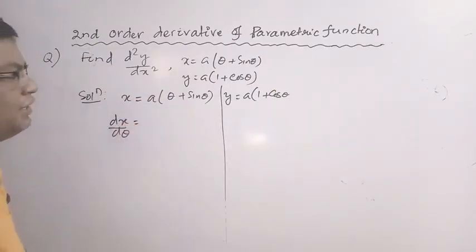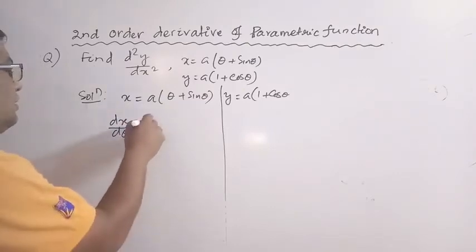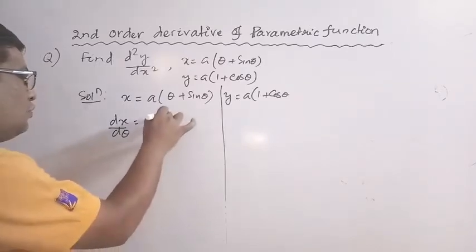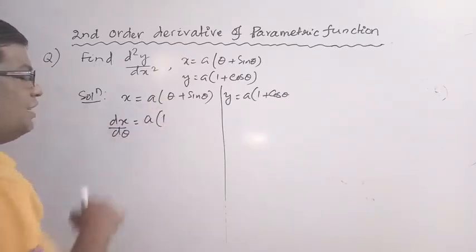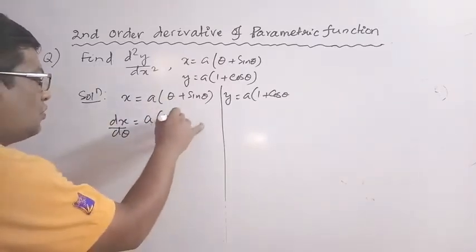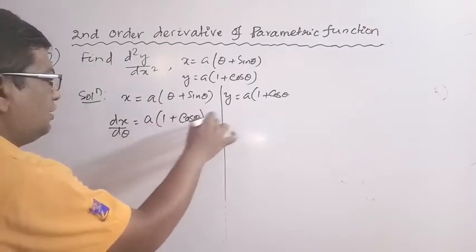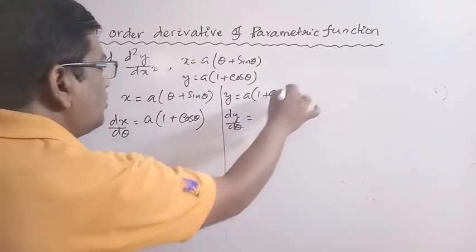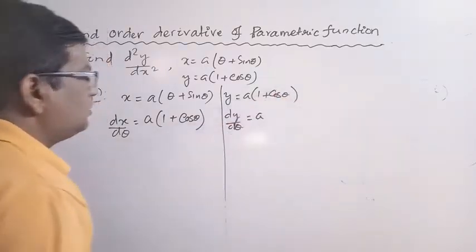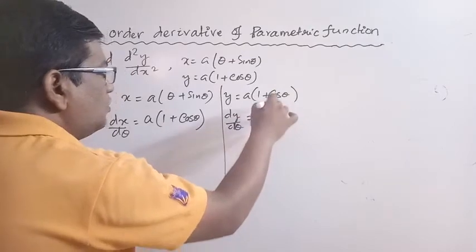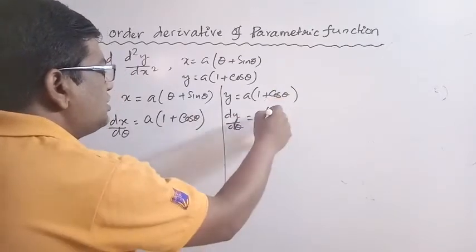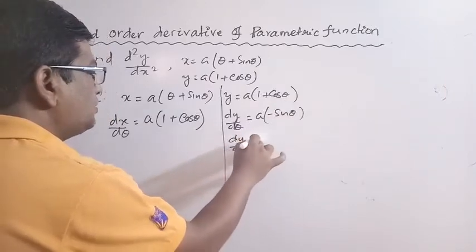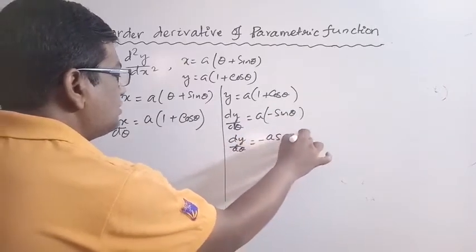So dx by d theta is equal to what? There a is constant, derivative of theta with respect to theta is equal to 1, and derivative of sin theta with respect to theta is equal to cos theta. Similarly, dy by d theta is equal to a constant, derivative of 1 is 0, and derivative of cos theta means minus sin theta. So dy by d theta is equal to minus a sin theta.